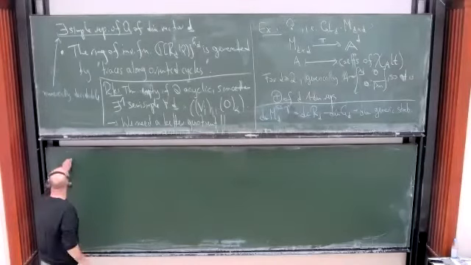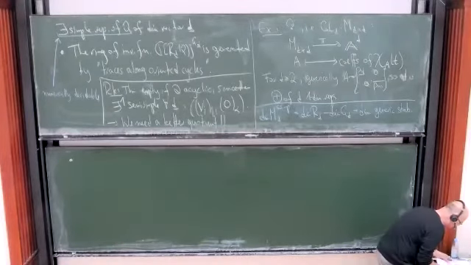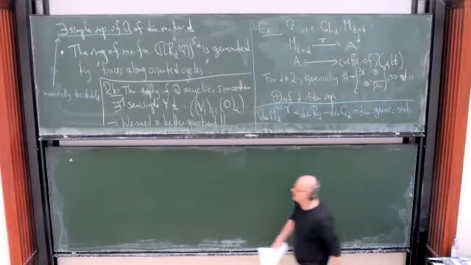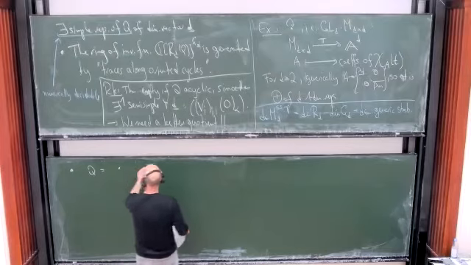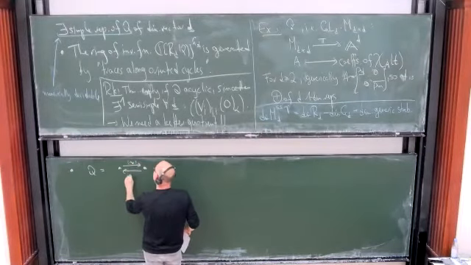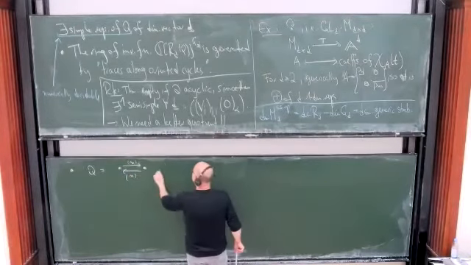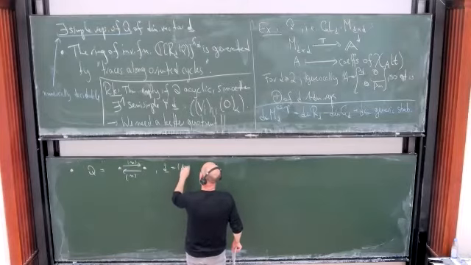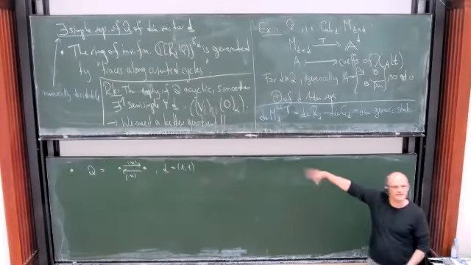So, second example. Let's consider the quiver having two vertices, m arrows in one direction, n arrows in the other direction. And let's consider the dimension vector 1, 1. We could do a bit better, we could do 1, k.